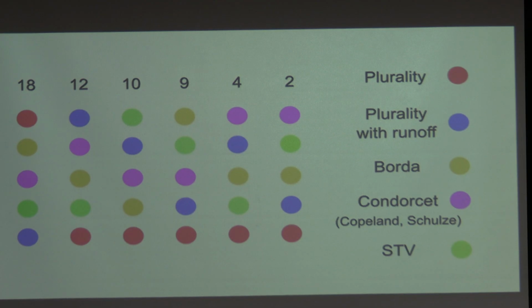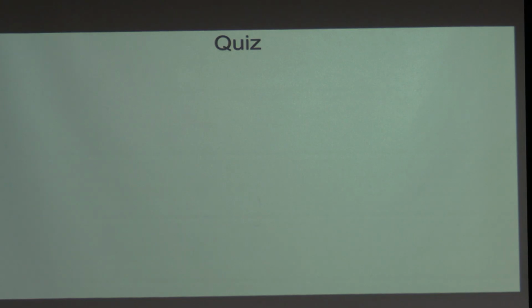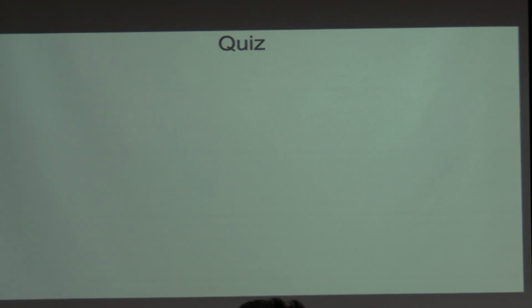So how do you even select the best voting rule? It's not clear, and we'll try to answer that question in the coming lectures. In the next lecture, we are going to talk a lot about manipulation and strategizing in voting. So check out for that. For now, let's do a quiz. All right.